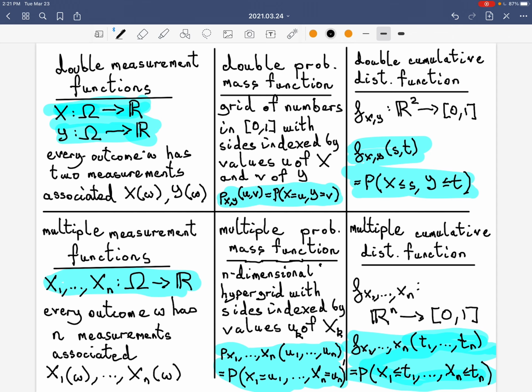And then what we're doing with these measurement functions is to observe certain properties of omega, whereby we look at specific numbers that we can determine based on the overall physical state of the light bulb.